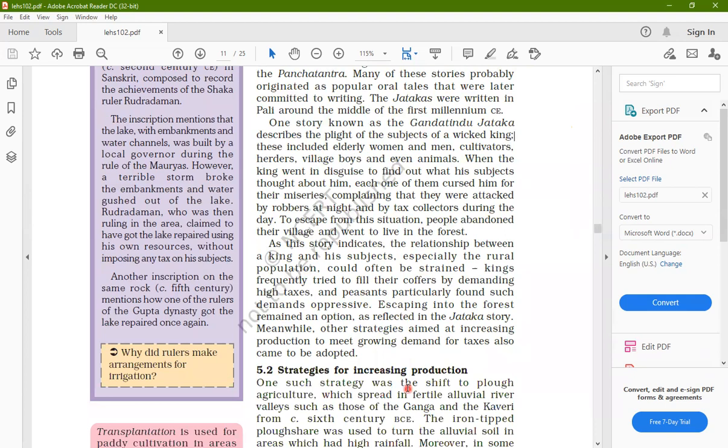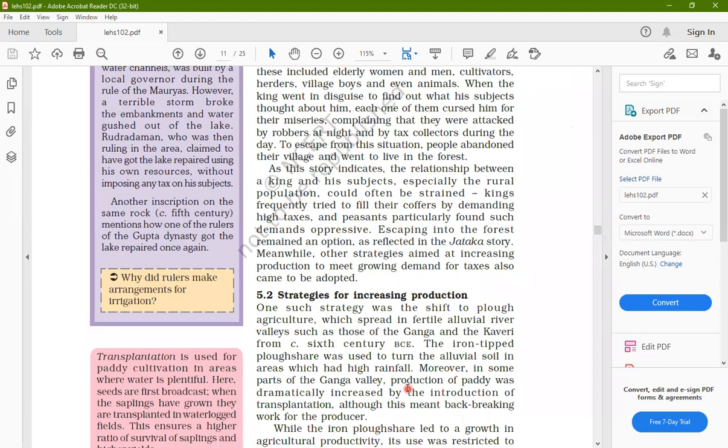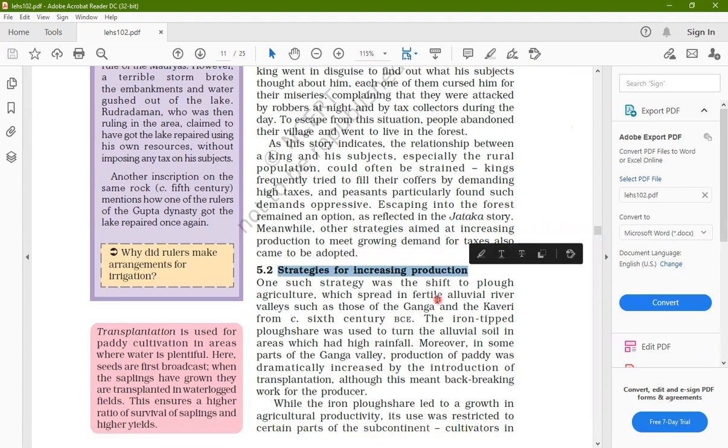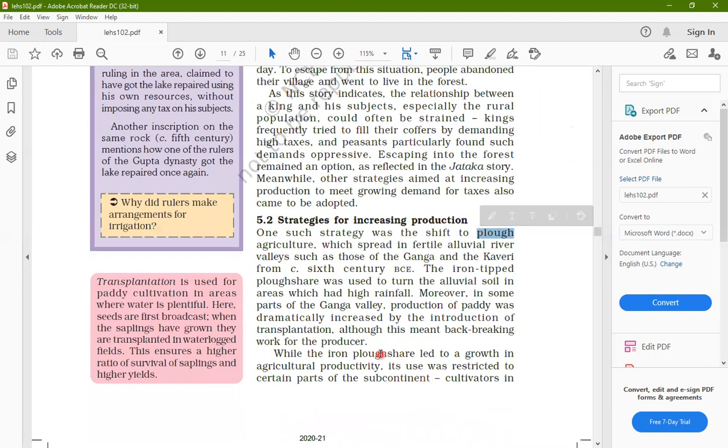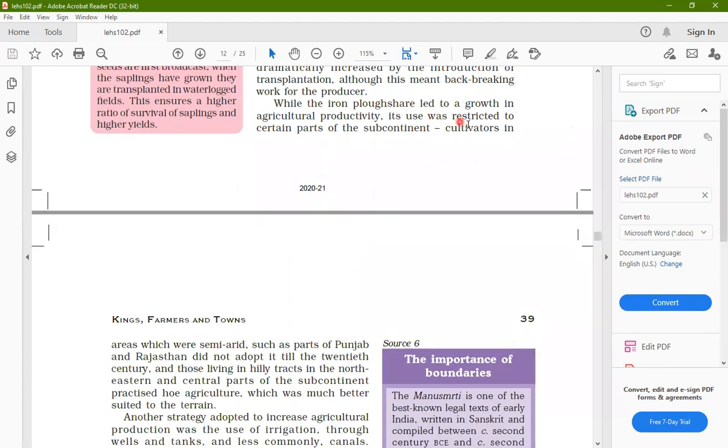Now the next question is again a 3-marker: what were the strategies for increasing production? In this we have mainly ploughing, then the use of the spade.